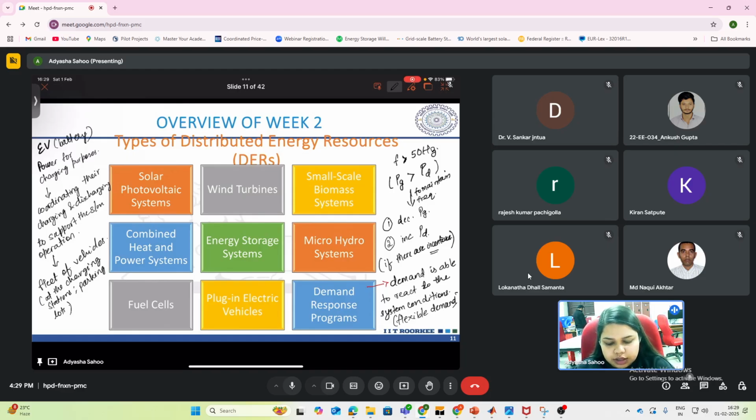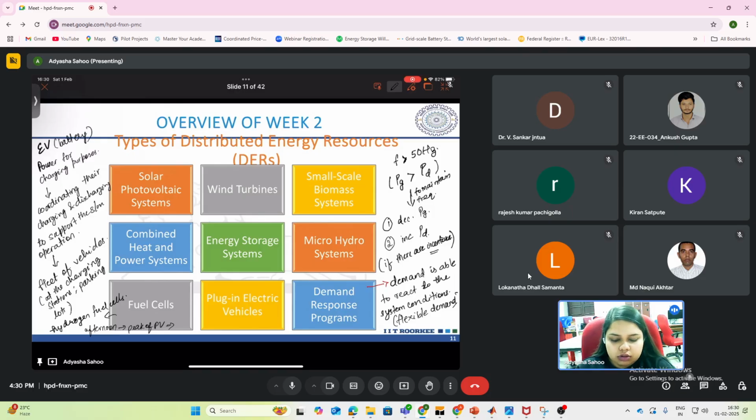Then next is fuel cells. These can be hydrogen fuel cells, where whenever you have excess renewables, like during the afternoon hours when you have your peak of PV, there is suddenly an increase in injection to the system, which may lead to issues of over voltage or over frequency.